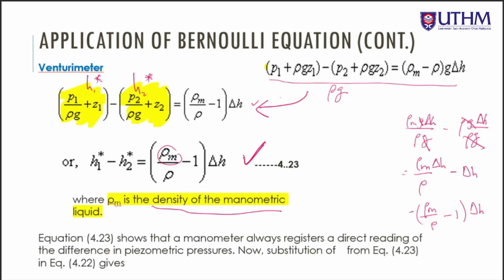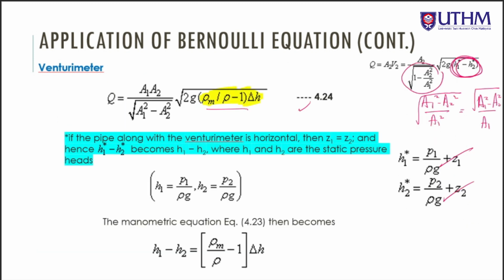Okay, density rho M over rho minus 1 delta H. Kita masuk dalam ni, and then on the bottom side kat sini actually kita boleh ringkaskan.